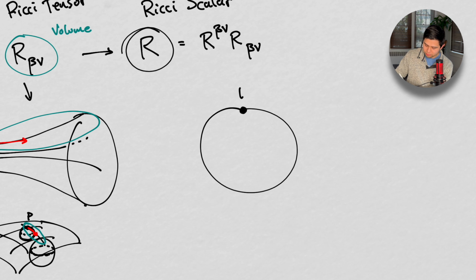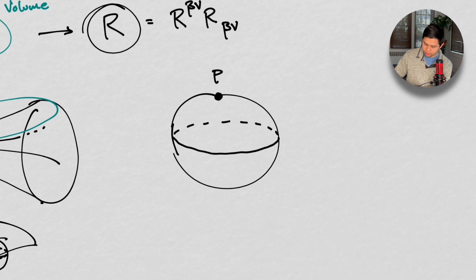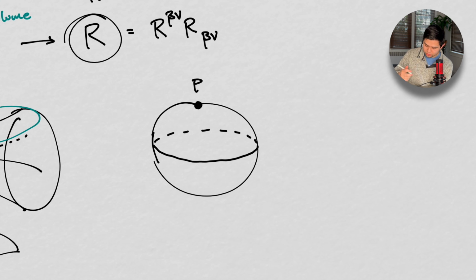We're standing at point P on the sphere. Suppose at point P, we're standing right here at this point.